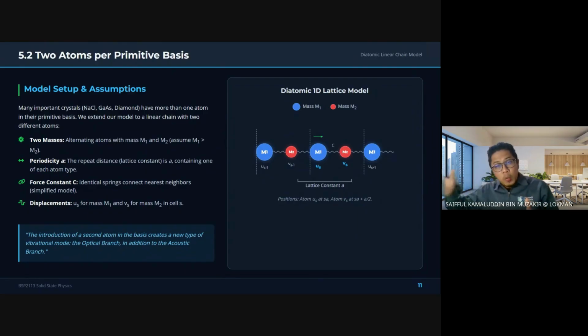At long wavelength, one of these branches behaves like ordinary sound-like motion. The other behaves differently and stays at higher frequency. So the big lesson here is that the internal structure of the crystal creates new vibrational possibilities.